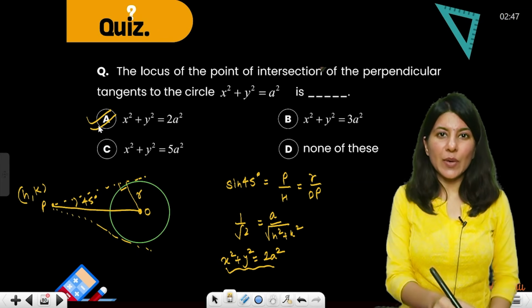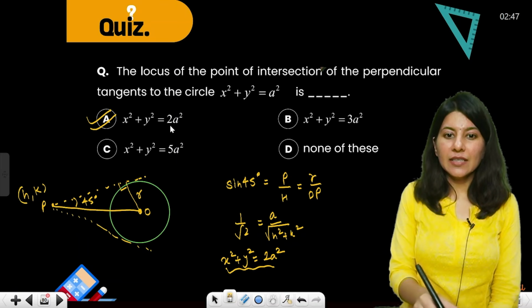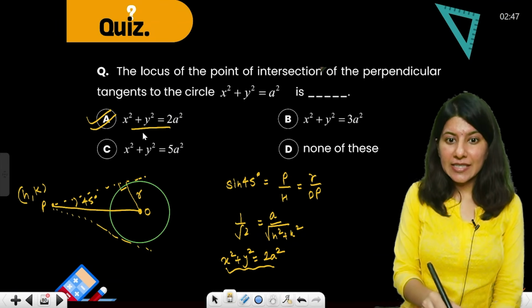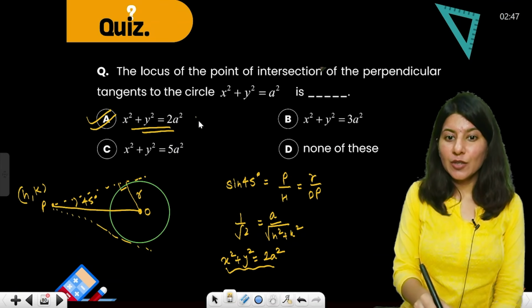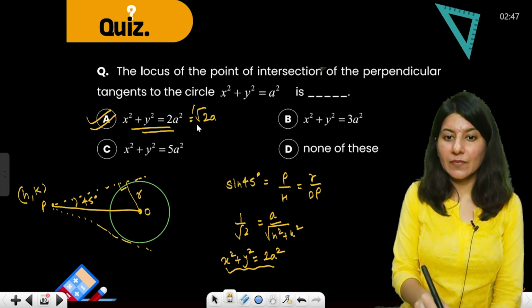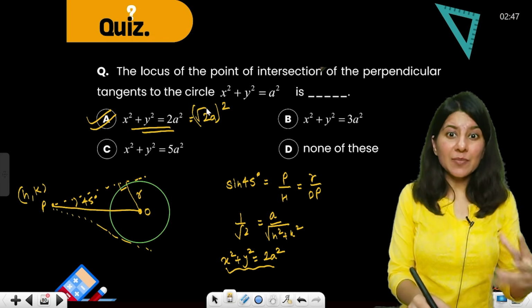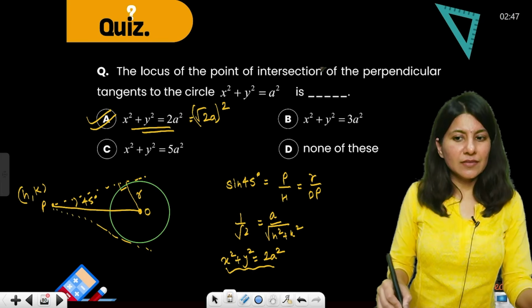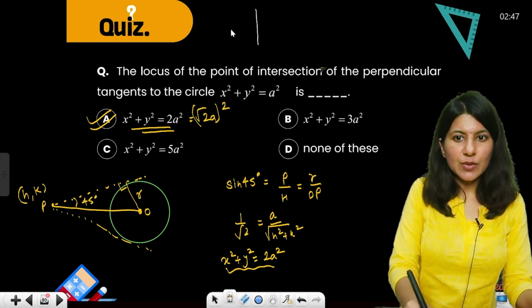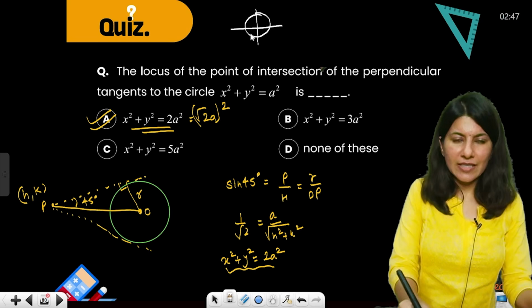Now notice one thing: the radius of this circle is nothing but root 2a, right? So what does that mean? You have a circle whose radius is a, which is given to you.